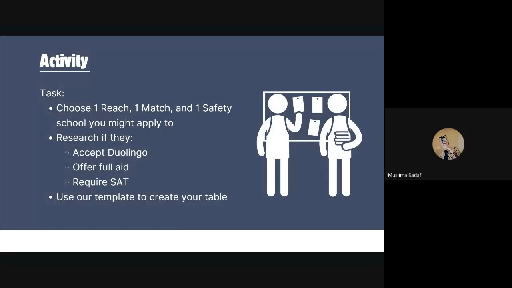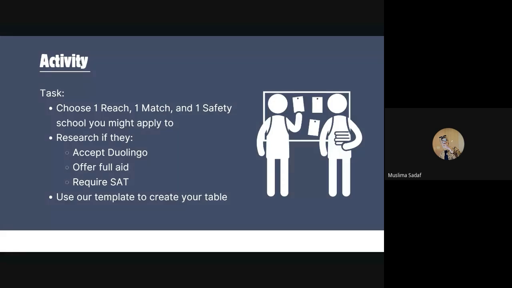Hello, everybody. I'm not fully ready, but I would like to present how I've made my sheet. I researched three universities. The Reach one was Stanford University in California, USA. The type is Reach School, and they accept three English tests: Duolingo, TOEFL, and IELTS.